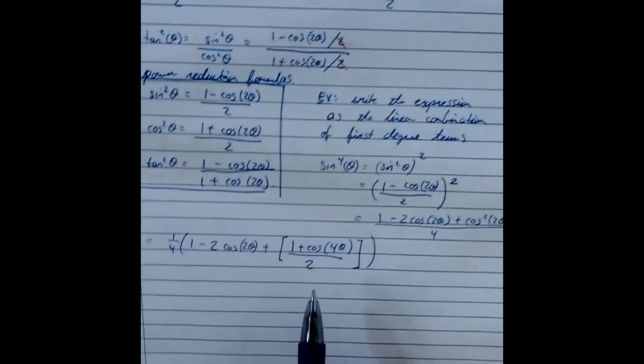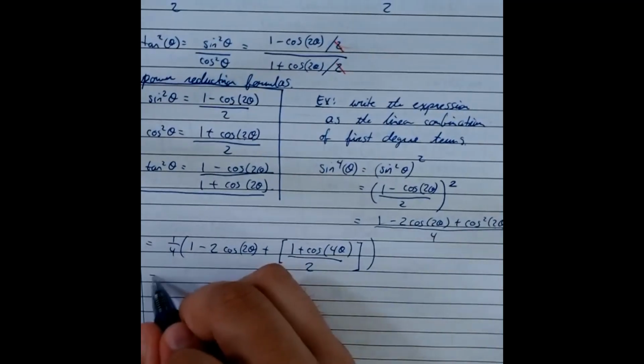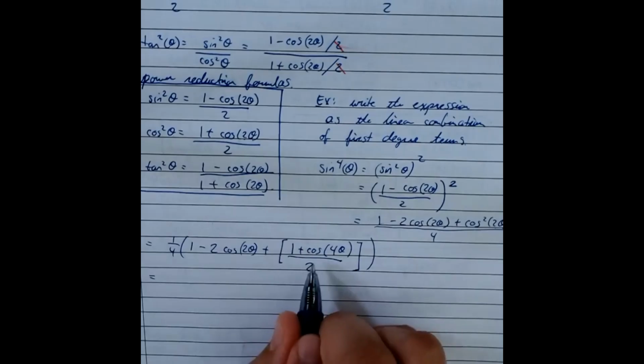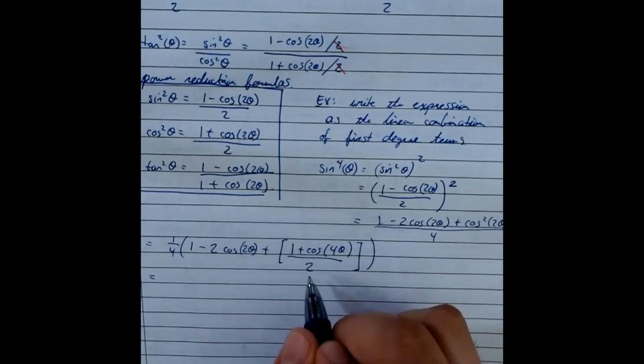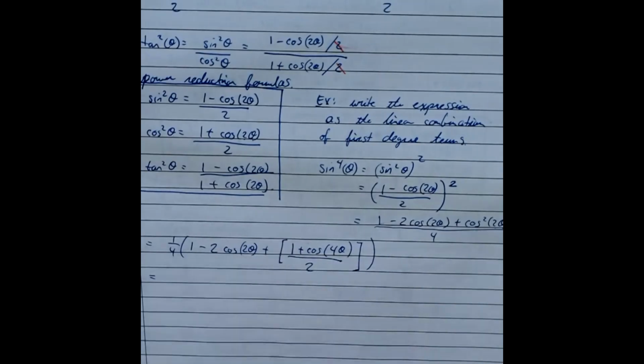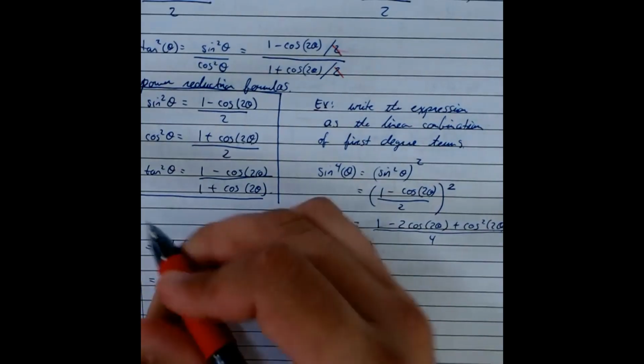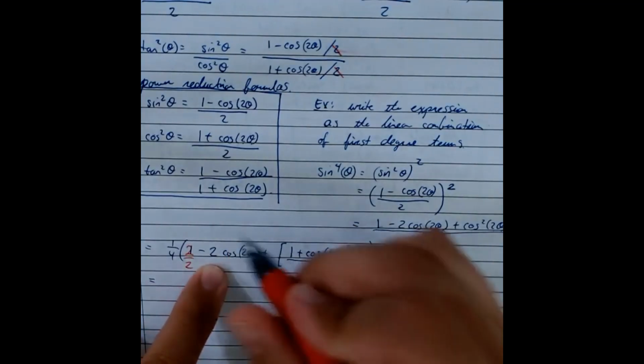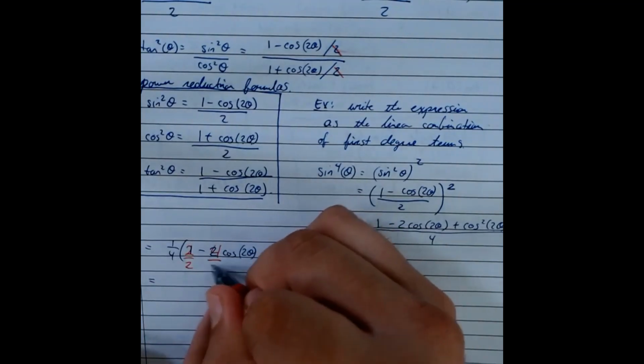Here, notice that there is a common factor right here. I can factor out a 1/2. What I mean by that is here, instead of 1, I can write this as 2 over 2. Instead of 2, I can write this as 4 over 2.